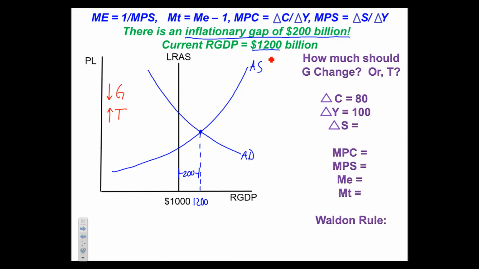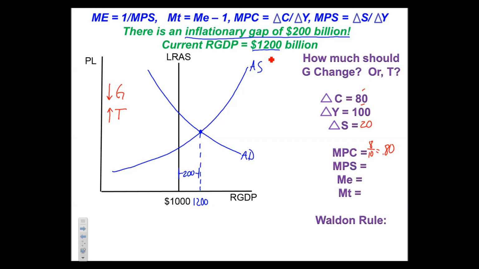So let's fill out these things over here. We've got a change in consumption of 80, change in income of 100. That means our change in savings is 20. 100 minus 80 gives us 20. All you can do with income is save or consume. MPC is going to be 8 over 10, or 80 over 100 really, but I'm saving space. So 0.80.